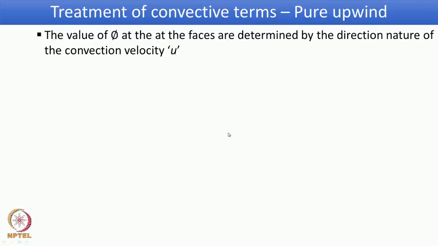In the case of the next scheme, that is pure upwind, the phi values at the faces are determined based on the direction of the convection velocity u. If you recall the illustration I explained in the last class, the backward facing step, I was particularly mentioning the coordinate definition.